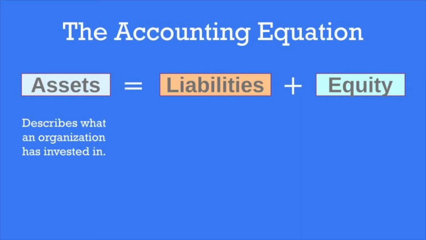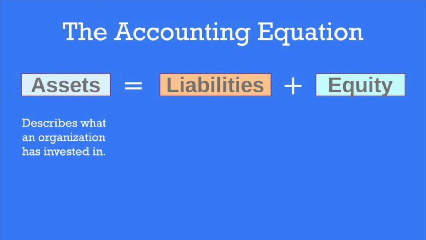So let's take a look at the basic accounting equation to start with. The basic accounting equation effectively mirrors the way the balance sheet is set up. Assets are equal to the liabilities, what's owed to outsiders, combined with equity, which is what's owed to insiders.